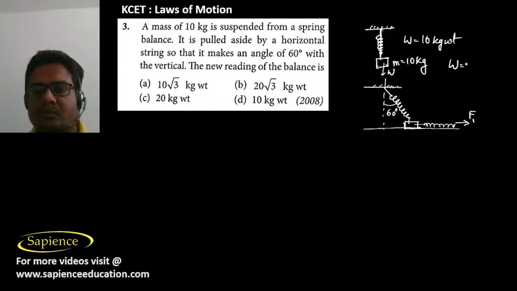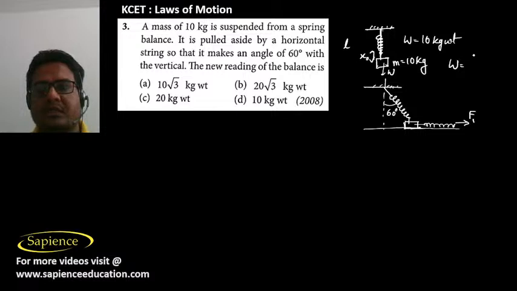So this W equals to... let's say the natural length of the spring is L, and the extension is suppose X naught.